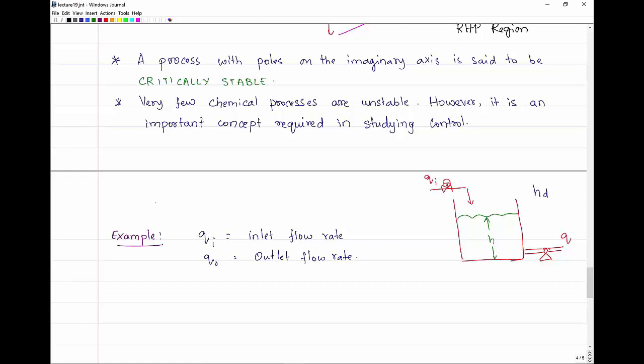When it does the opposite of what it's supposed to do, eventually the liquid is going to overflow the tank, and therefore it is considered an unstable system.